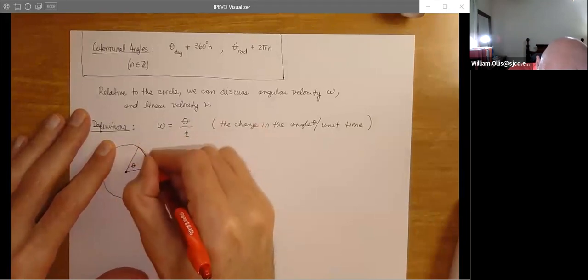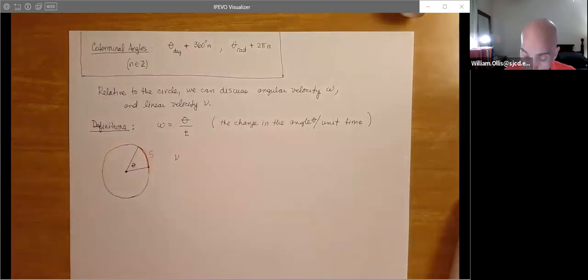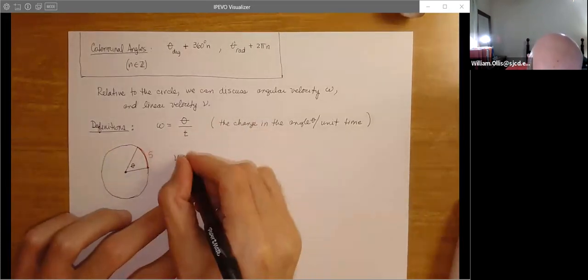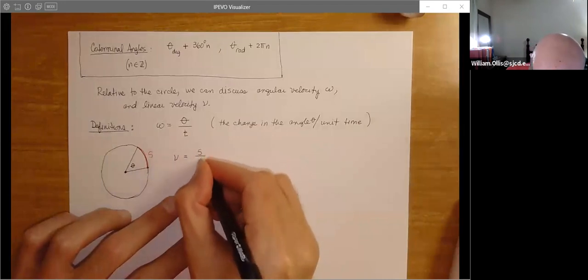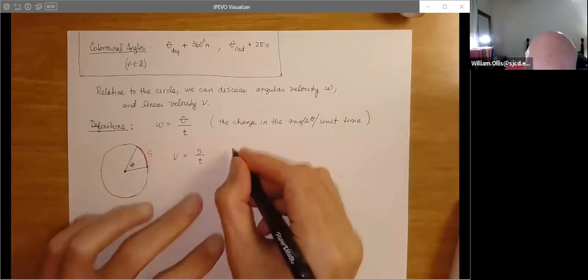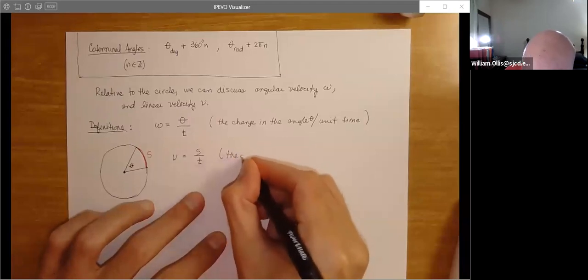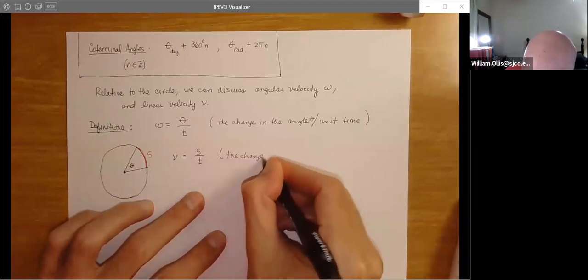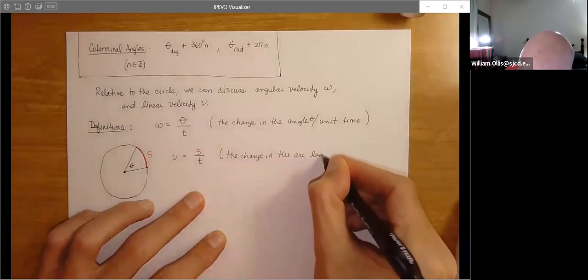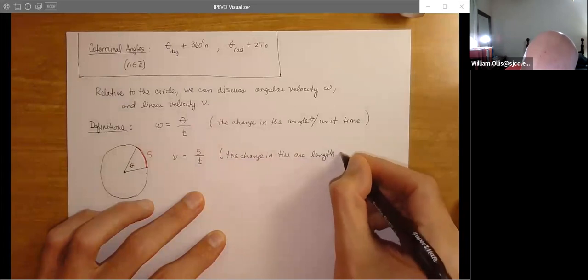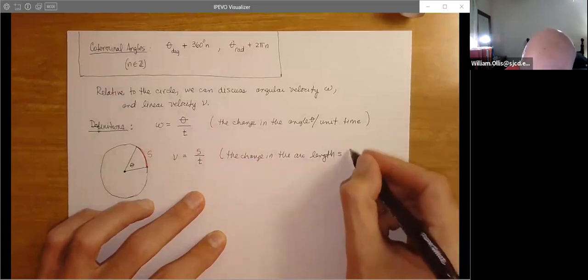So we might have a corresponding S or arc length. So this will be the change in the arc length per unit time. So we'll say S over T, which will be the change in the arc length.